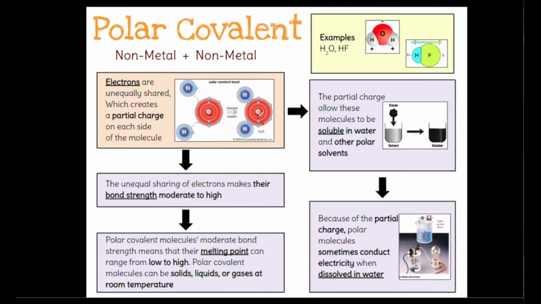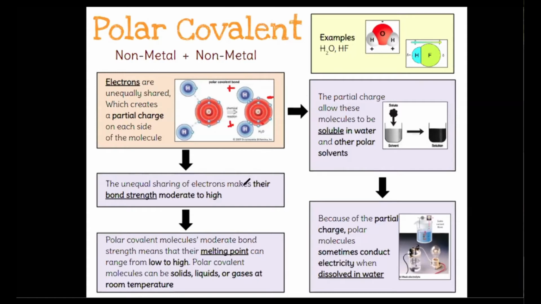Like if you're really hungry and your friend's kind of hungry and you split a meal, the one who's really hungry is going to end up with more of the meal. That would be oxygen in this case. So it's going to end up with a partial negative charge, while our hydrogens are going to end up partially positive. Not as much as the ionic compounds, but still there is a little bit of that, like how a magnet has a positive side and a negative side.